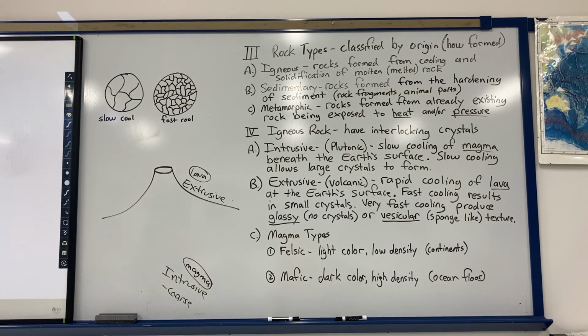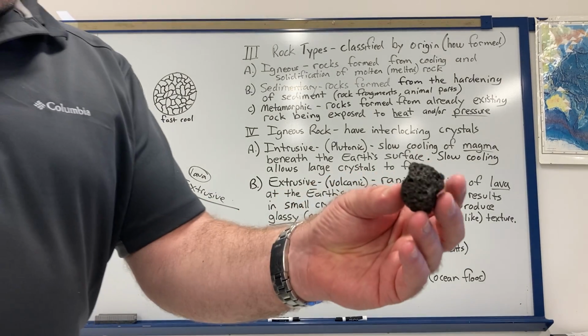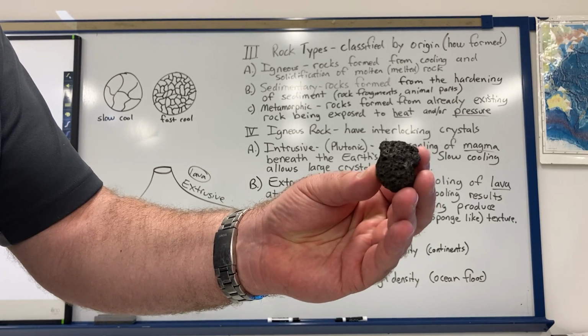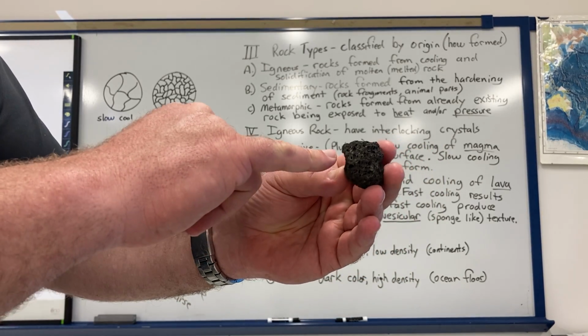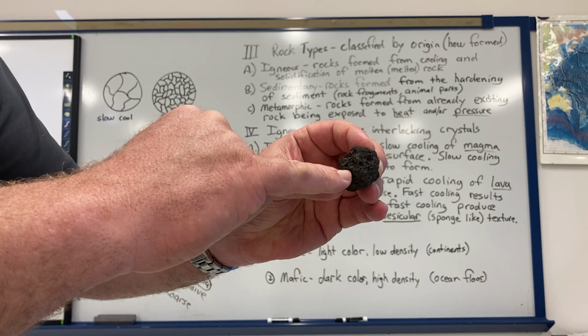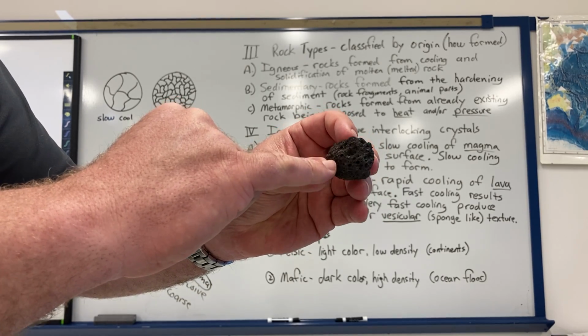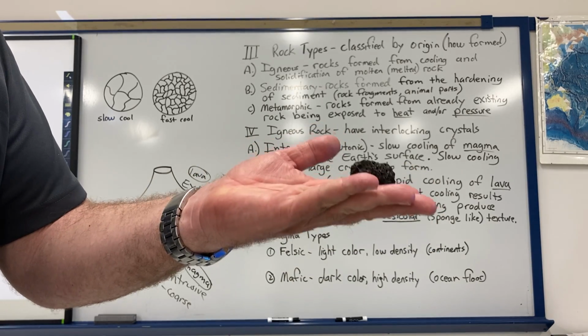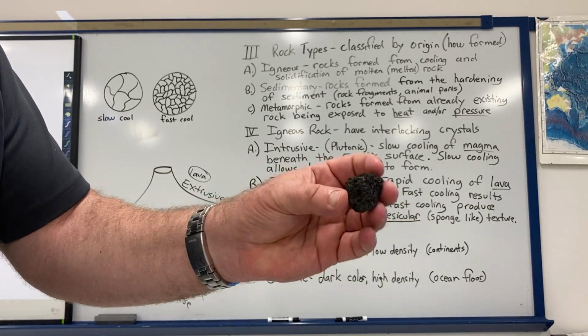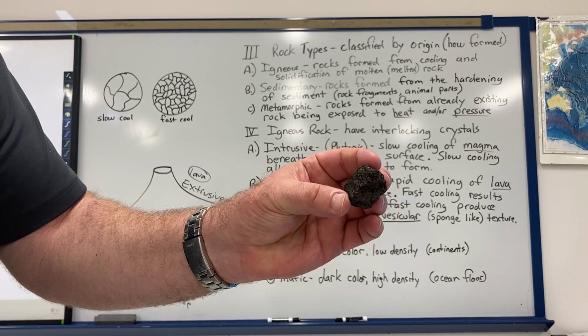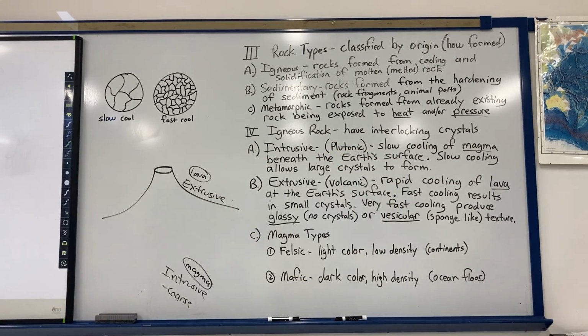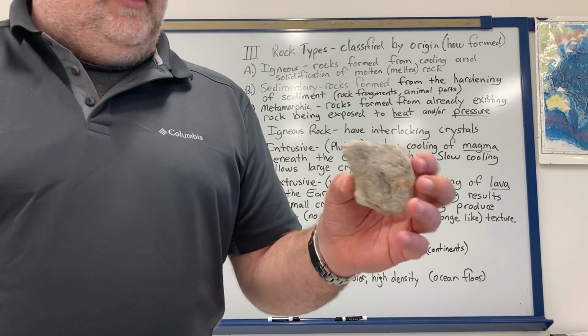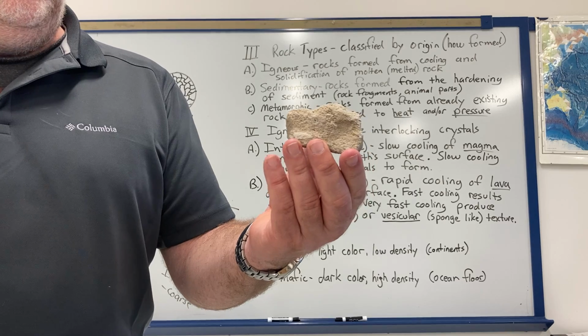And this right here would be an example of a vesicular rock. All those little dark things are little holes in the rock, little gas bubbles or gas pockets. As a result, this rock has a fairly low density because of all the gas pockets in it. Now, this rock here is another example of a vesicular rock.